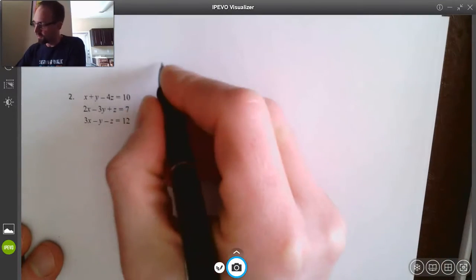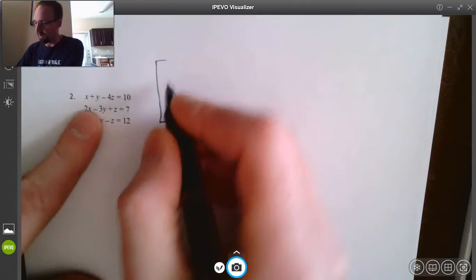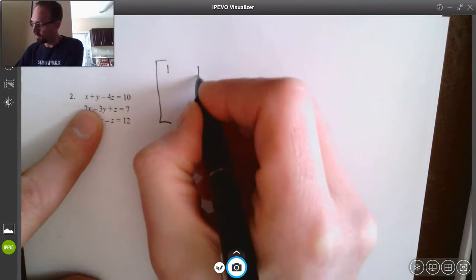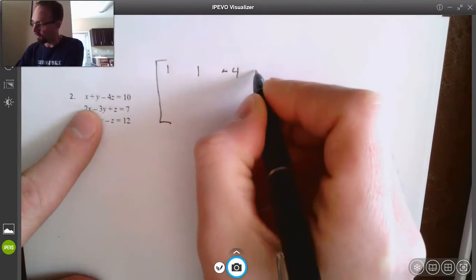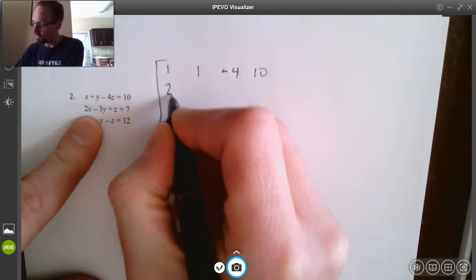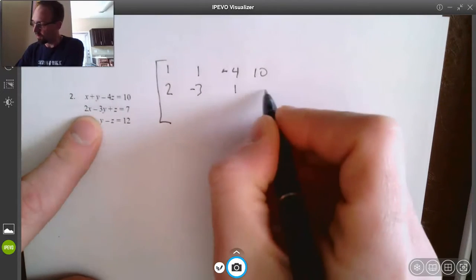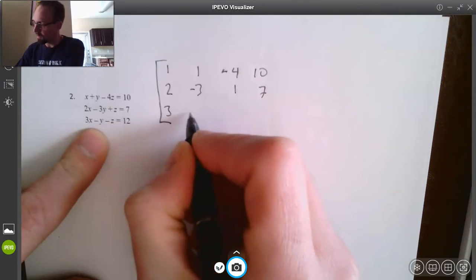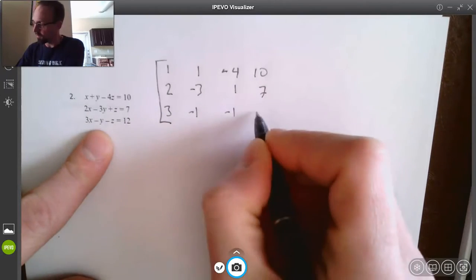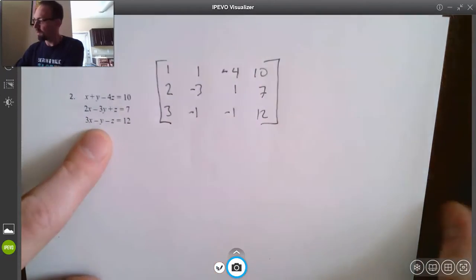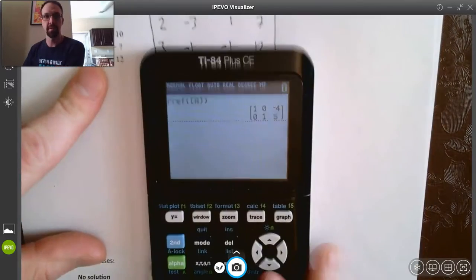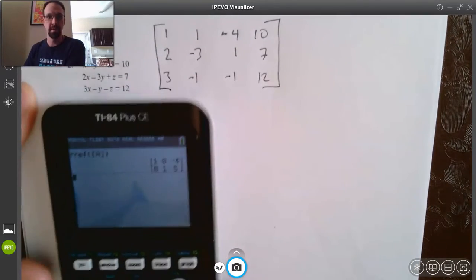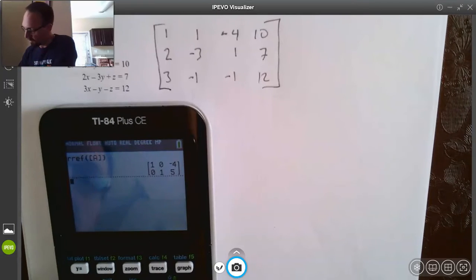First, I'm just going to get my matrix correct: 1, 1, negative 4, 10, 2, negative 3, 1, 7, 3, negative 1, negative 1, 12. Then I'm going into my matrix menu, edit.